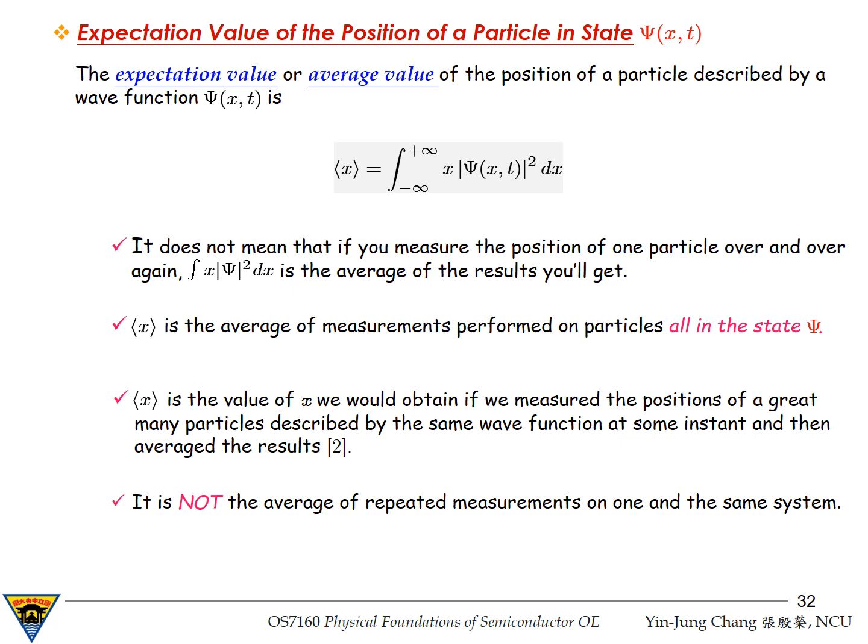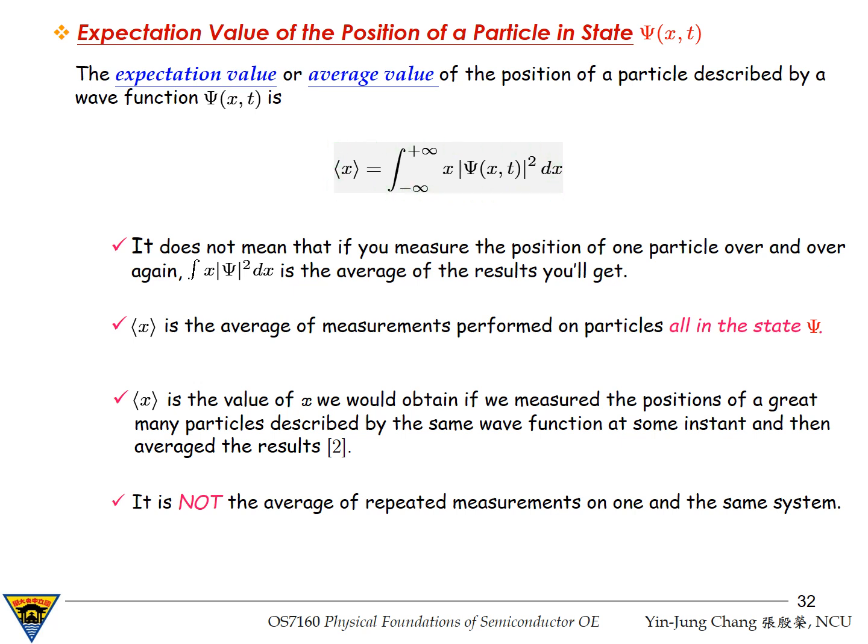The answer is the expectation value of x, written as the angle bracket x, and it is defined as the integral of x multiplied by the probability density at x at time t over all space, as shown in this expression.